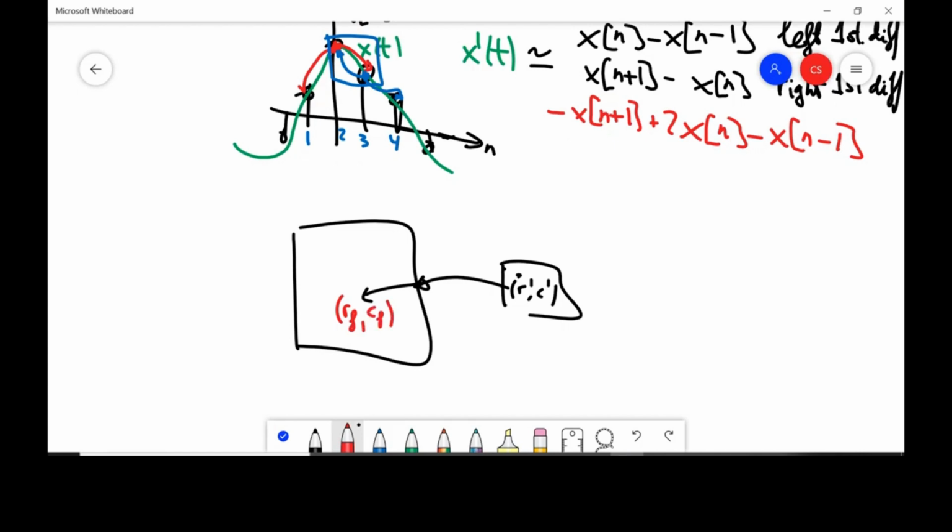And then you have to interpolate. Here in the interpolation is where we have these different schemes: cubic, bilinear, nearest neighbor.